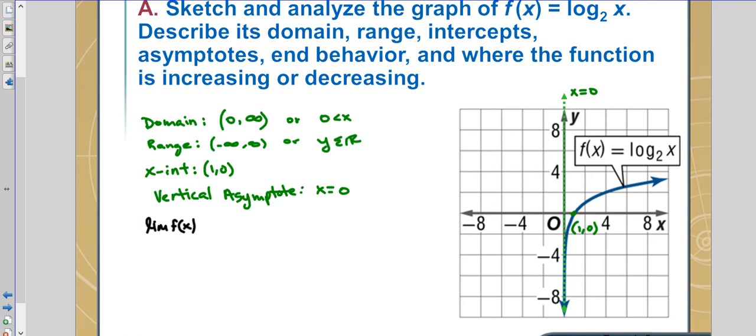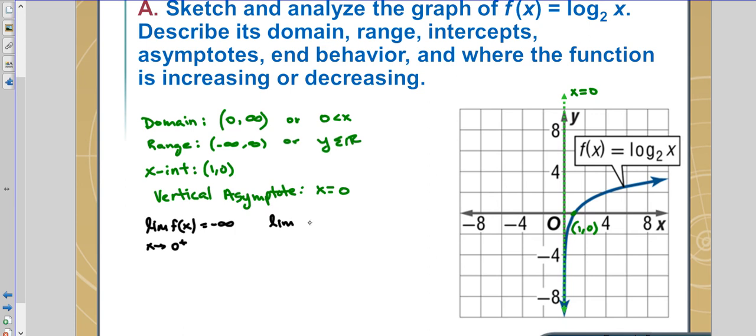If we wanted to write the end behavior, I'm going to say that the limit of f of x as x approaches negative infinity does not exist. It doesn't exist going left, but it does approach 0. It's approaching 0 from the right side. As we approach it from the right side, we would say it goes down to negative infinity. I'll just write it that way for now.